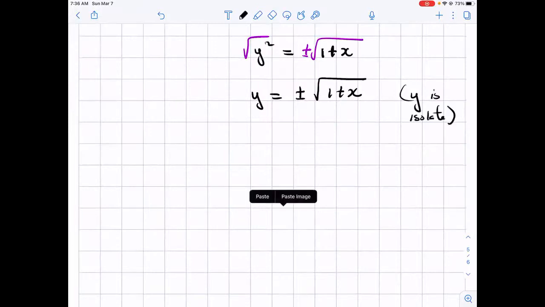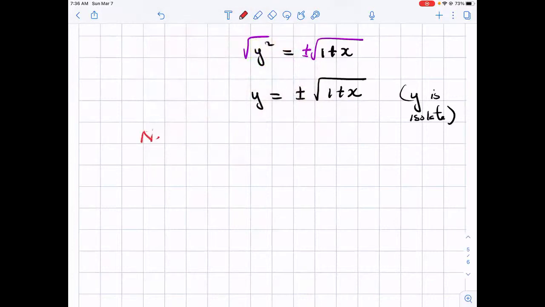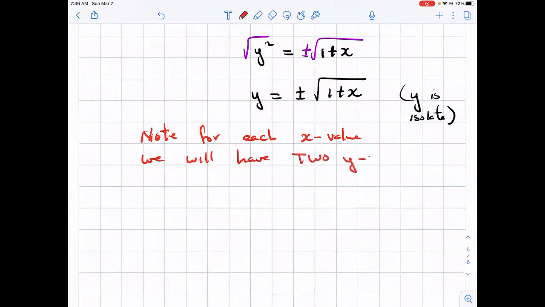You will notice that for each x value, we will have 2 y values, right? Because of the plus and minus.